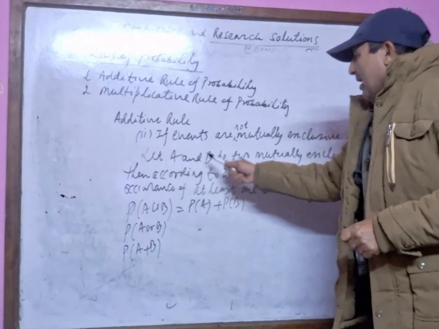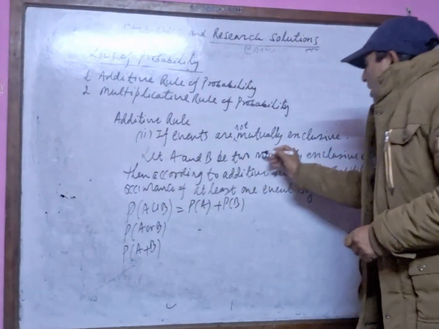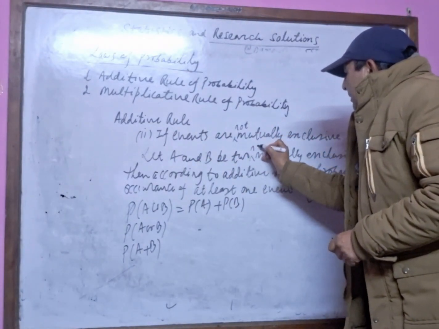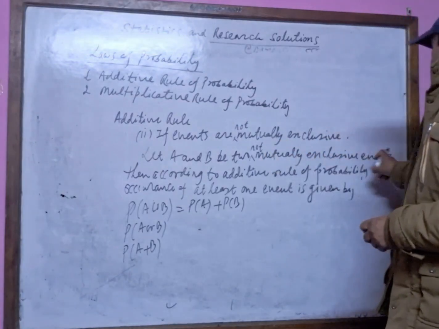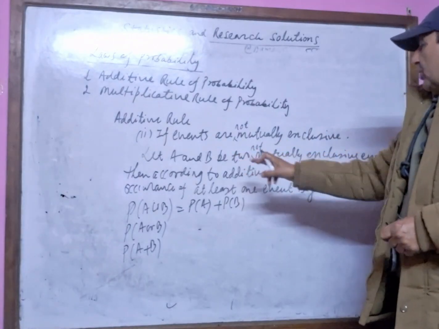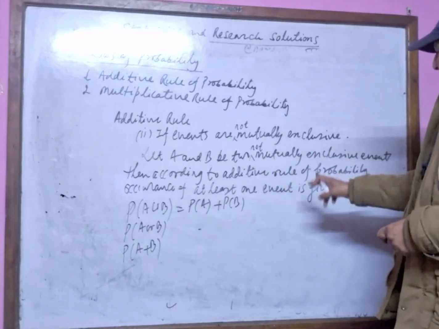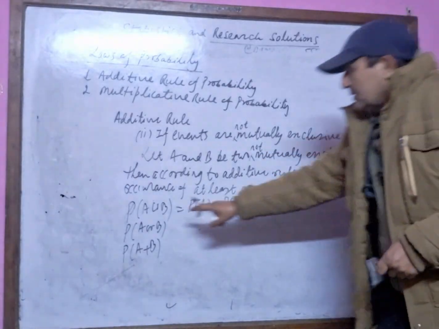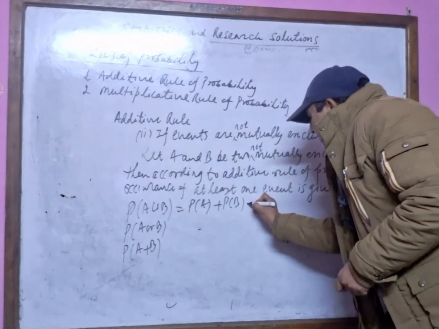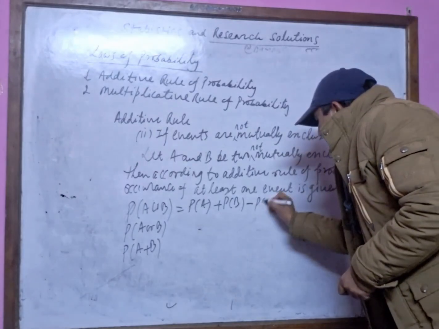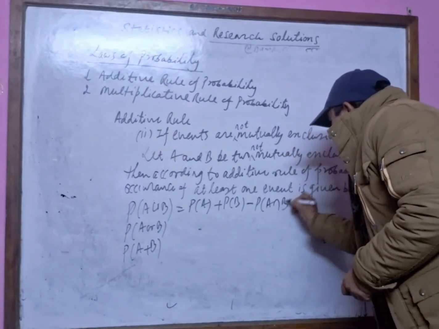Let A and B be two not mutually exclusive events. Then according to the additive rule of probability, the occurrence of at least one event is given by P(A) plus P(B) minus P(A intersection B).